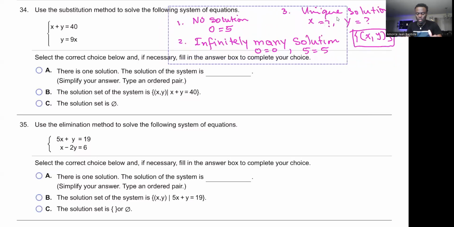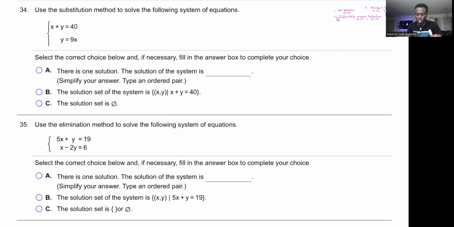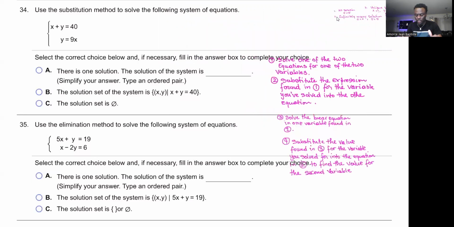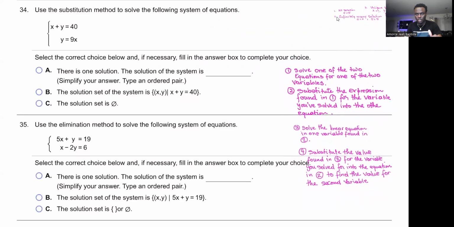Now, the steps to solve are the following. First, you should solve one of the two equations for one of the two variables.